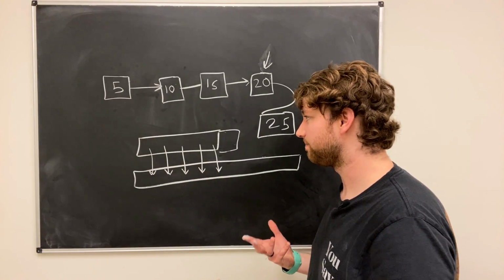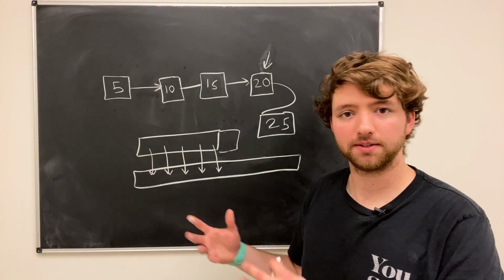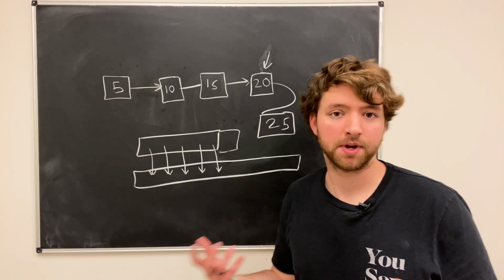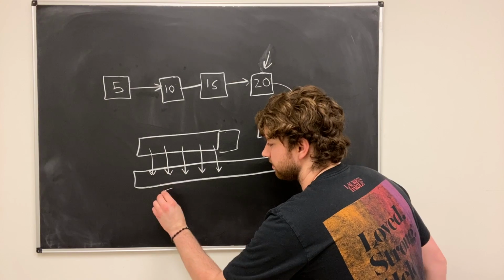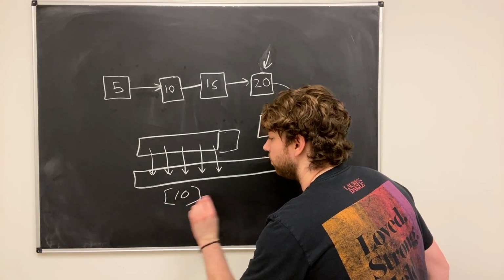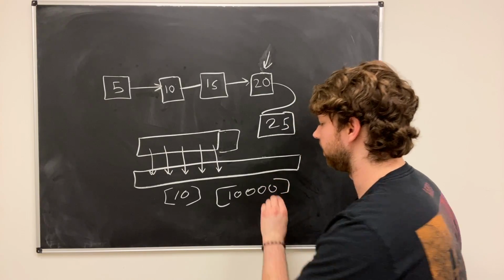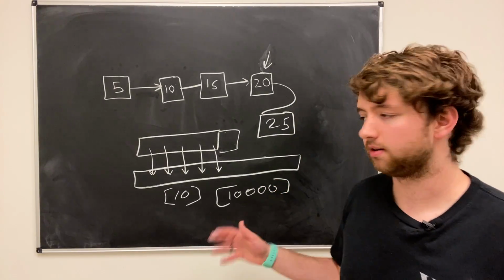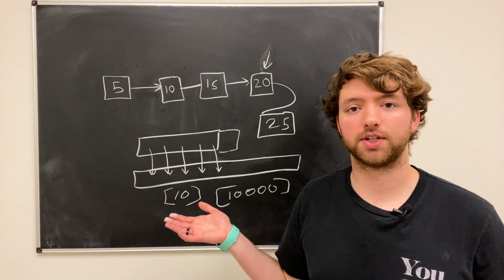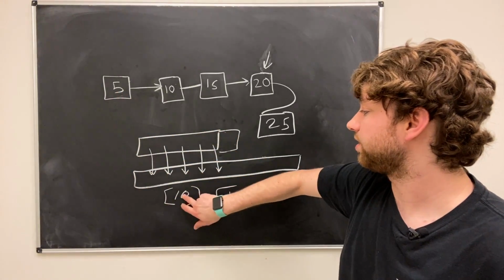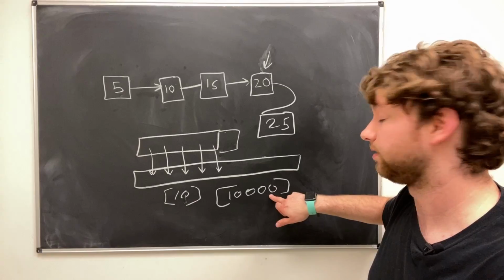So with an array, you know the size of the elements, and when you index, it just automatically goes to that position. So it doesn't matter if you're accessing index 10 or you're accessing index 10,000. It's going to be pretty much the same speed because it just goes to that spot and grabs the data. With a linked list, it starts at the beginning. So this one is going to be a whole lot faster than this one here.